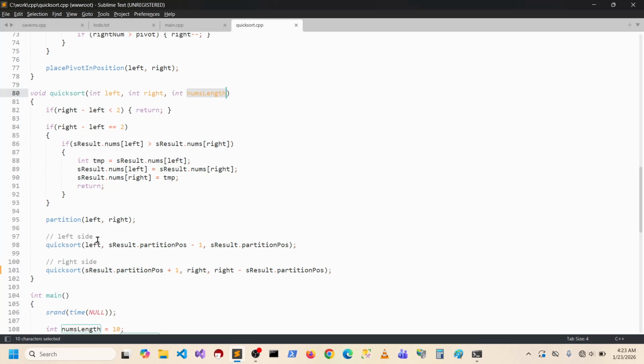So at this point, it would still be 0 right here because all it did was copy it. And then partition position -1.